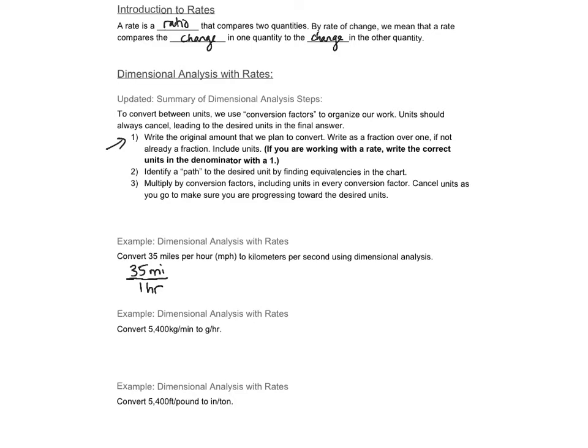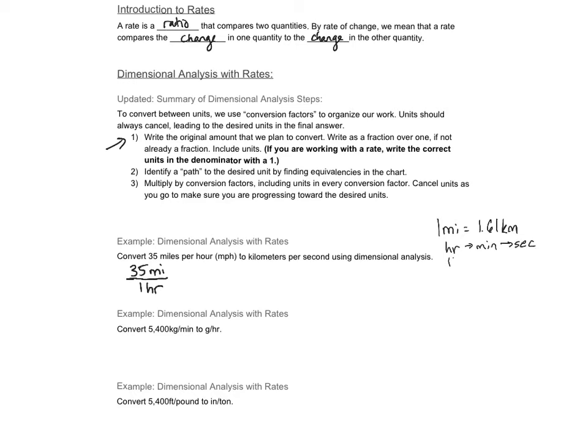So let's identify a path for each of our units. We want to go from miles to kilometers. And I actually do have a direct conversion. 1 mile is equal to 1.61 kilometers. I also am going to want to go from hours to seconds. And so I'm going to be able to go from hours to minutes to seconds.